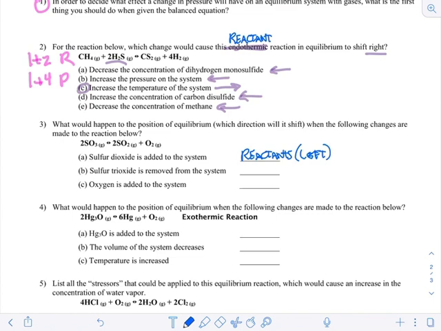Now, sulfur trioxide is removed from the system, so since it is being removed from the system, more reactants have to be made. So the shift is going to be to the left again.